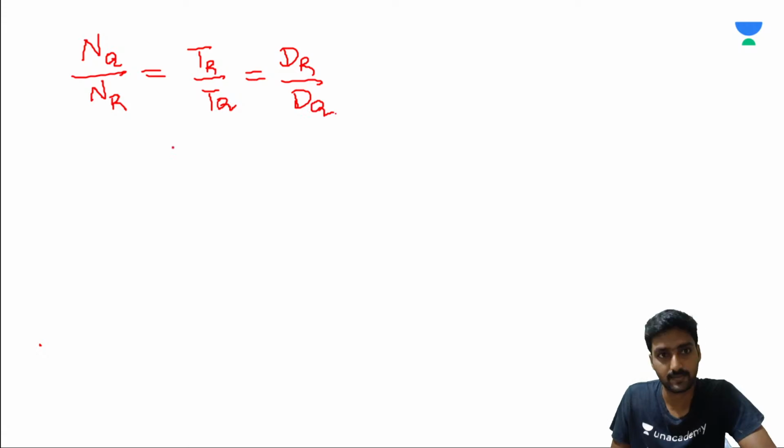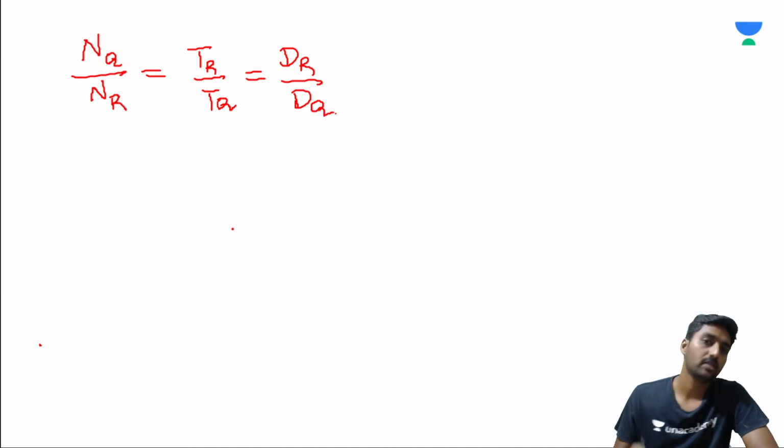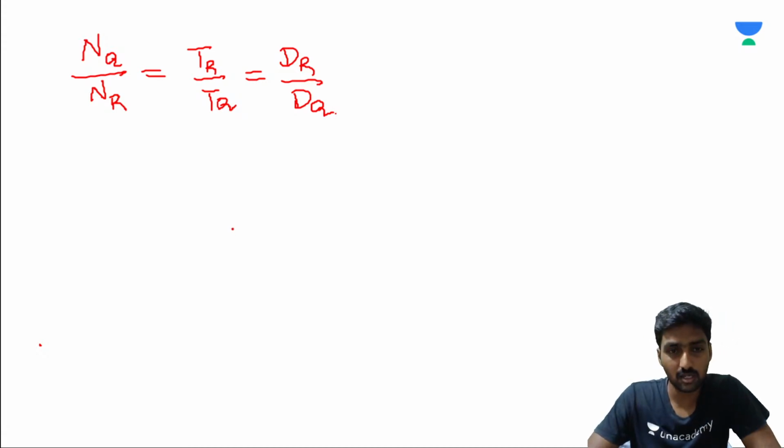It's a condition. The speed is equal, nQ divided by nR, it does not vary. Yes or no?